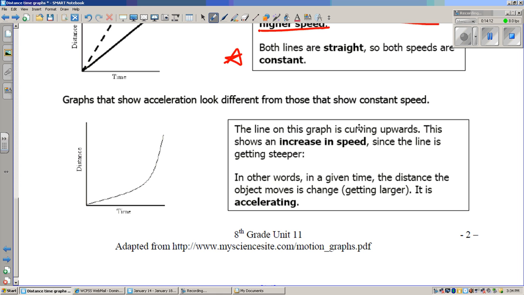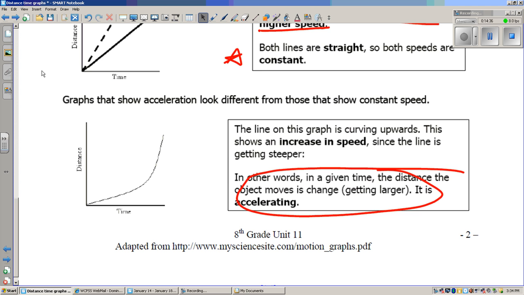So the line on this graph is curving upward. This shows an increase in speed since the line is getting steeper. It starts off less steep and is getting steeper as time is increasing. In other words, in a given time, the distance the object moves is getting larger. It is accelerating. Circle that.